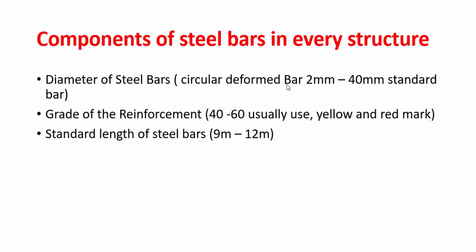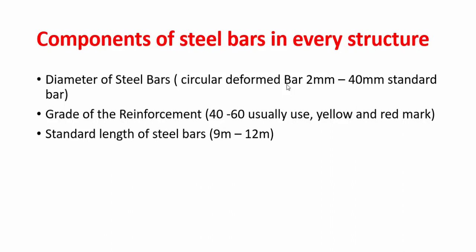Then we move to the standard length of steel. The standard length of steel is 9 m to 12 m. When you go to the market, you will find bars of a minimum of 9 m to 12 m. If the length required is more than 12 meters, we need to join two steel bars together to get the required length.